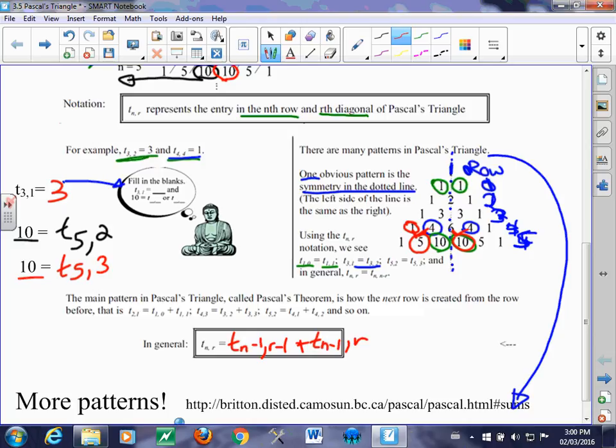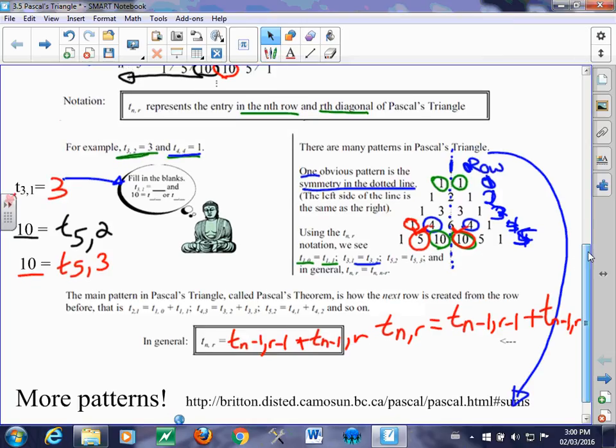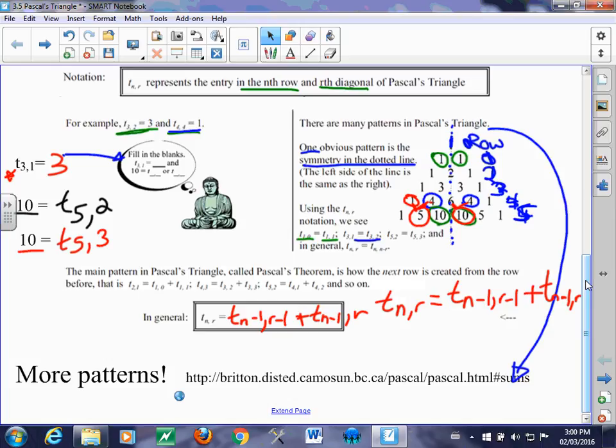Okay, so just in case you need that bigger, I'll write that out again. So to find any term when you create this, you take the term above and to the left, which is that one, and you add it to the term that's above and to the right. Okay? All right. So, ladies and gentlemen, we'll be discussing this in class.